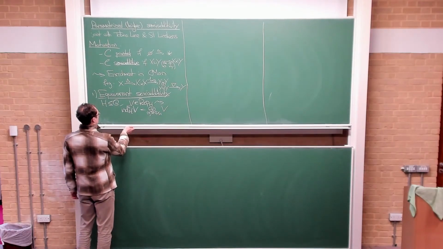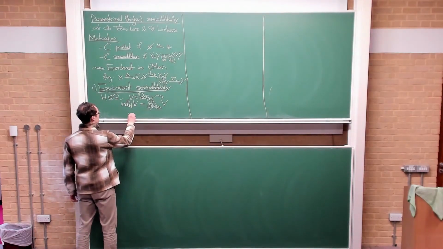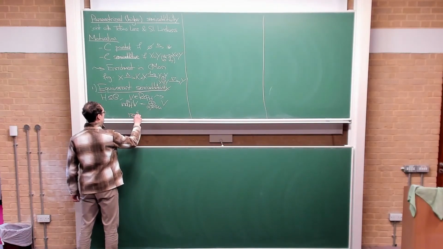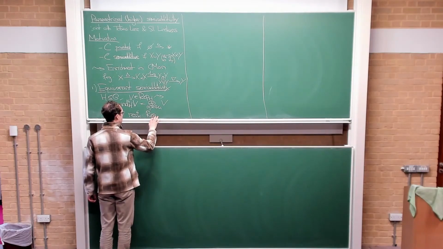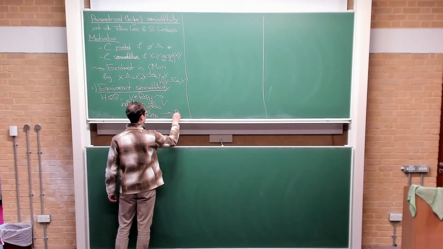What is special about this is that it is both a left and a right adjoint to the restriction functor from G representations to H representations.